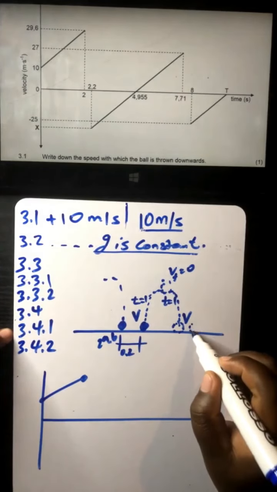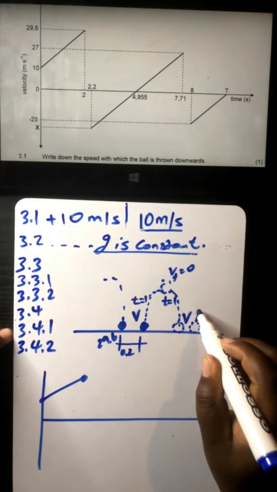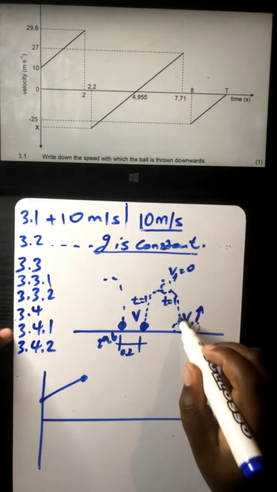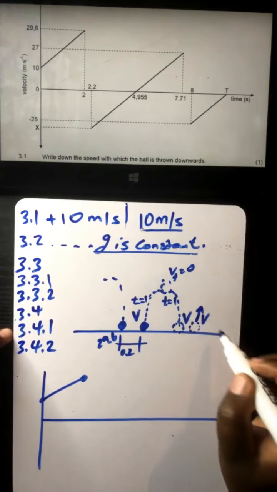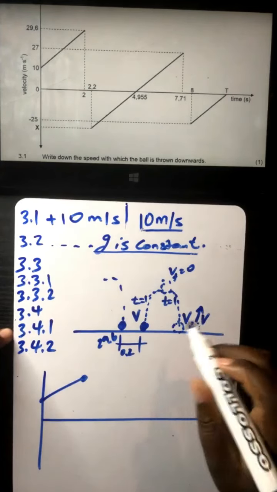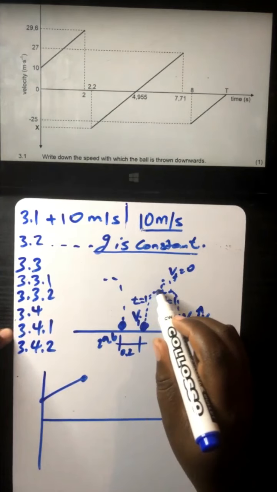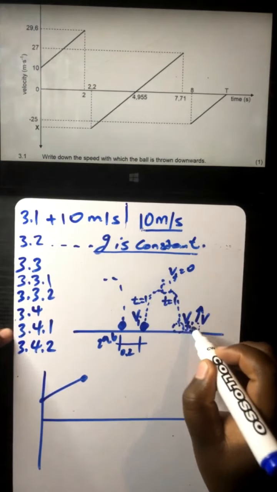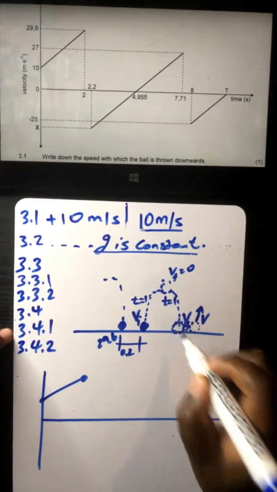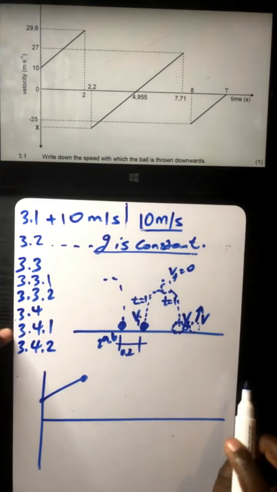It's only when it leaves the ground that this velocity and that velocity are different. That is why we refer to this as the initial velocity as it leaves the ground, and we refer to this as the final velocity as it strikes the ground.